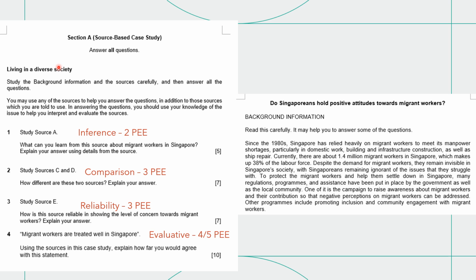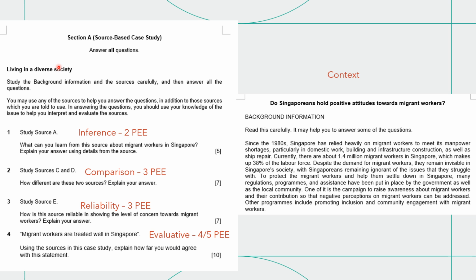The following thing is your background information. What is the purpose of it? Background information is important for you to understand the context, because when we set an SS paper, it might not necessarily be a Singapore case study or whatsoever. It might be something in the US.